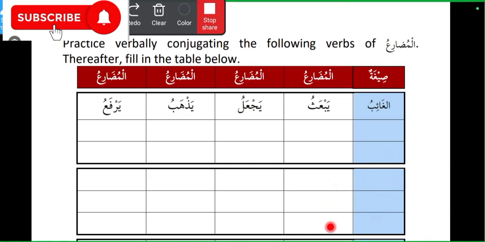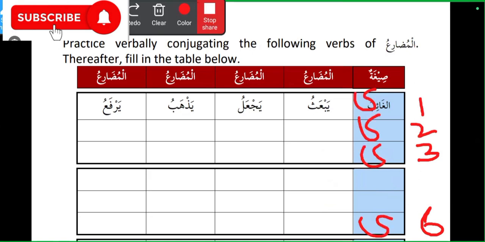Remember, figure number 6 starts with a ya. يبعث, يبعثان, يبعثون. And then tab'asu, tab'asani, and yab'asna. So there are 4 sighas that start with a ya. What about yaj'alu? Yaj'alu, yaj'alani, yaj'aluna.